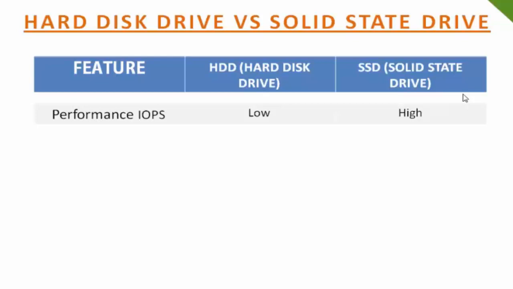Whenever you use HDD, the performance of input output per second is very low. Whenever you use SSD, the solid state drive, the performance of input output per second is very high when talking about data loads in the transaction process.